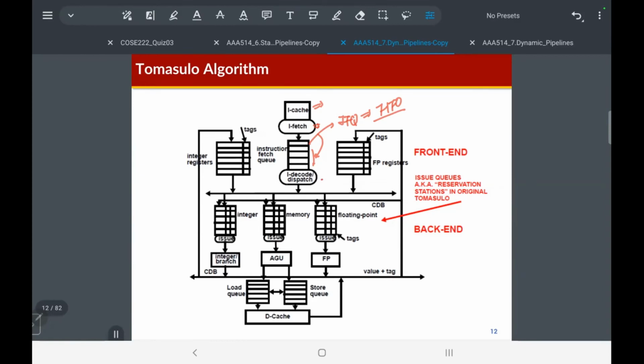This process is called dispatch. The last instruction is decoded, and then this instruction is dispatched to the different execution units based on the instruction class.